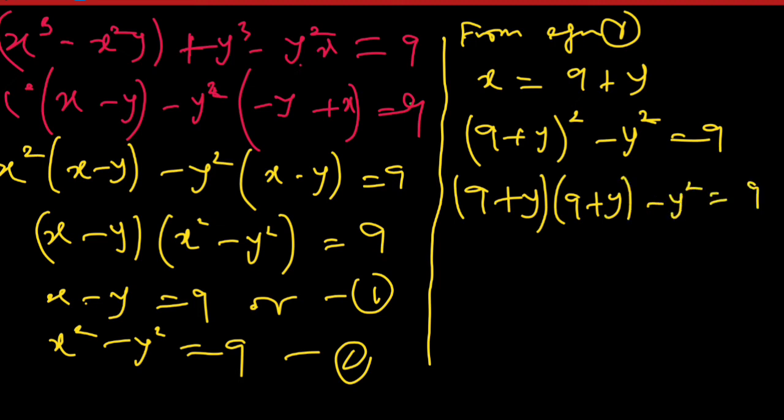Expanding this will give me 81 plus 9 times y, 9y, another 9y, that is 18y, plus y square minus y square equals 9. So y square minus y square will be equals to 0. I'll be left with 18y.